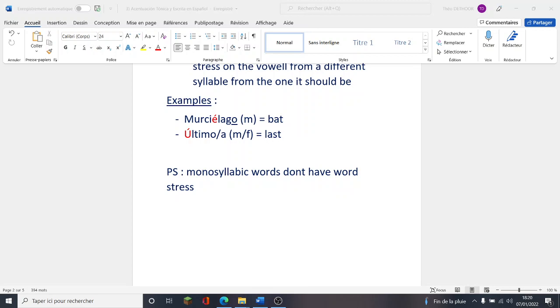Be careful, that doesn't mean that they don't have any written accent. We'll see that at the end of the video. You can find monosyllabic words with a written accent, but the written accent is not there to indicate any word stress by any means. But we'll see that later in the video.